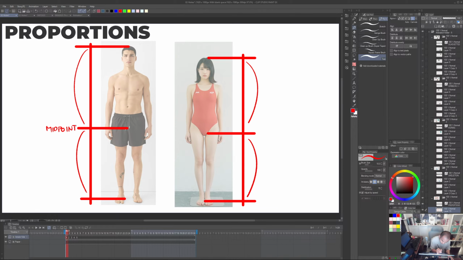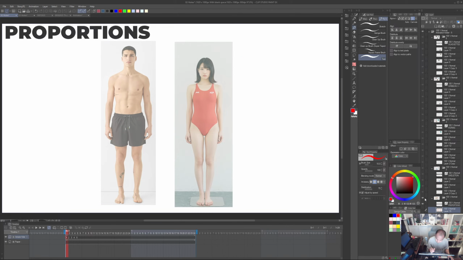Midpoint of the body, right? And then another thing we want to remember is that the hands line up perfectly with the crotch area over here.